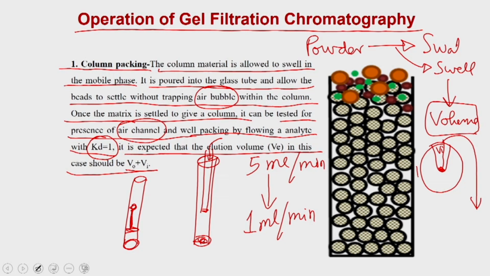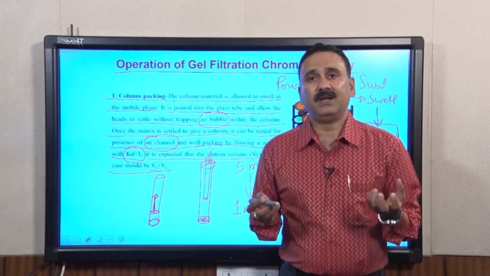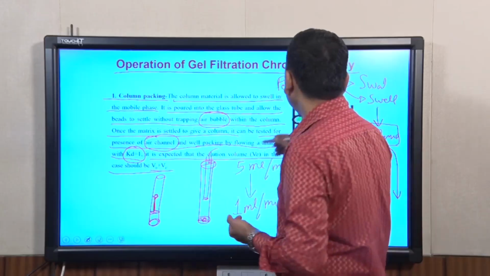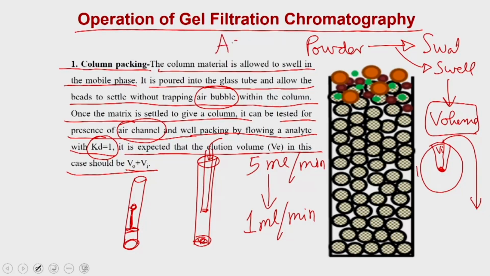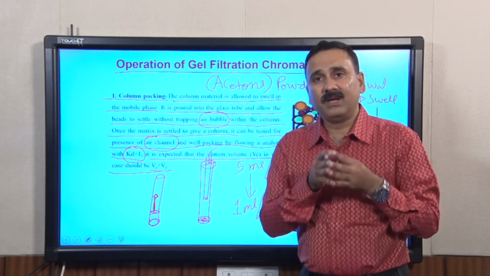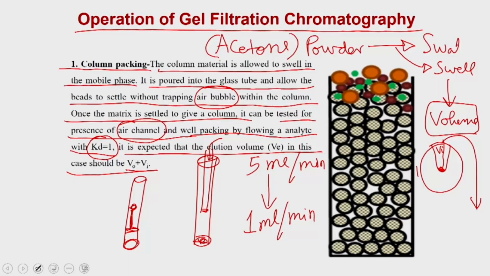So, to know this, you can use a molecule which is smallest in nature, but still detectable. One such molecule is acetone. Acetone is an organic molecule, so its miscibility within water is lower, but it can still be a very small molecule.